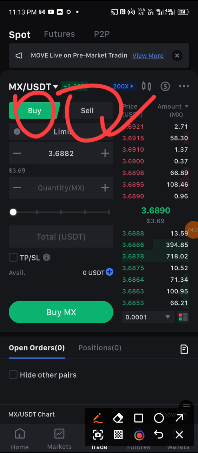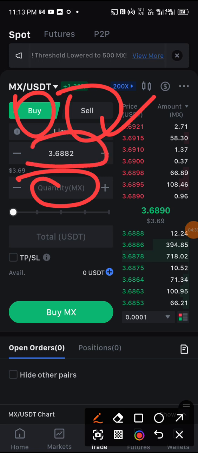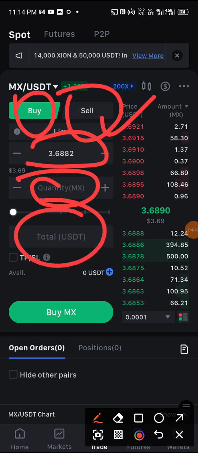You can only sell, remember, when you have the coin. Whatever you purchase here, the quantity will show here. This place is the current market rate at which you're going to buy. And this place will show you the total USDT you put in the market.